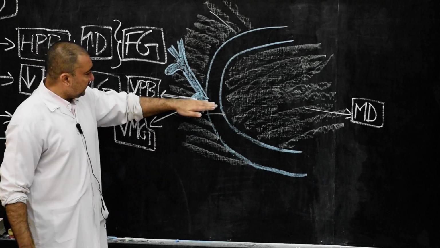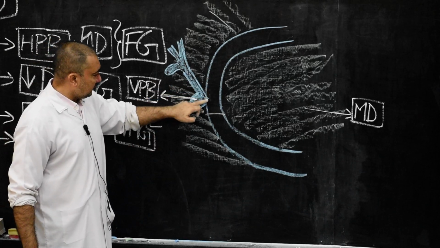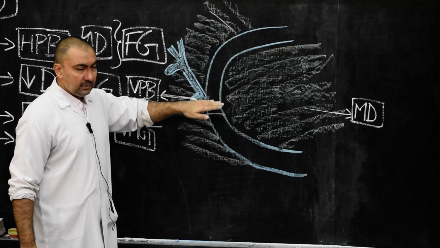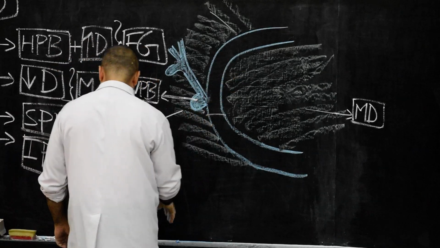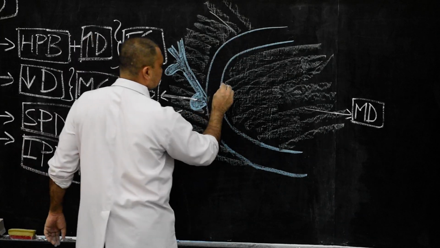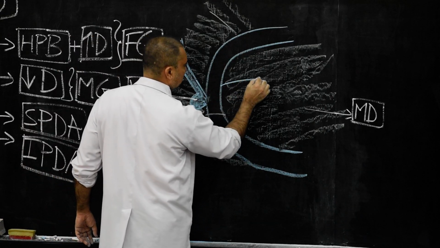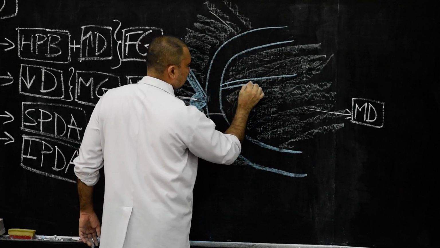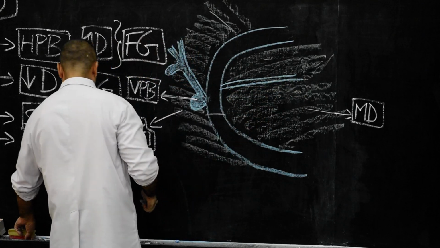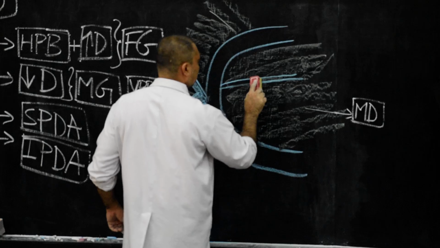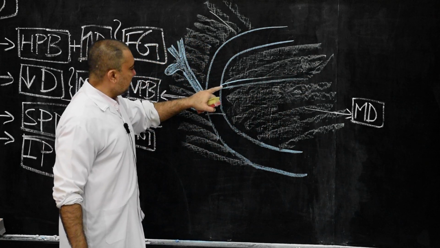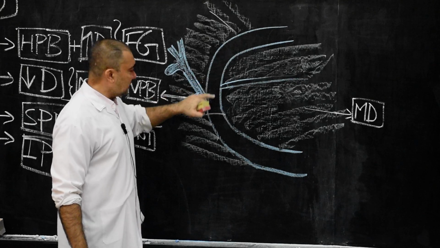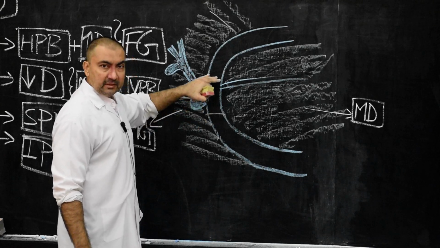Similarly, just above this hepatopancreatic bud, from the dorsal side, there will be development of the dorsal pancreatic bud. Here I am drawing this dorsal pancreatic bud. It will develop from the dorsal margin of the duodenum just above the level of the hepatopancreatic bud.